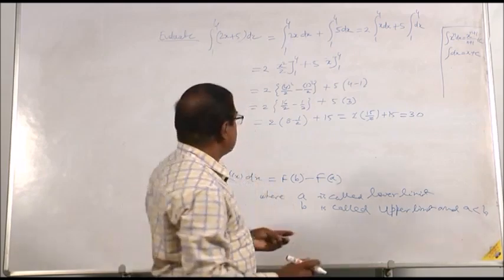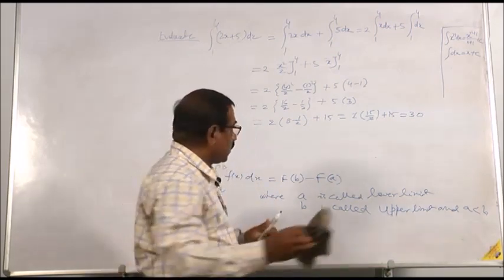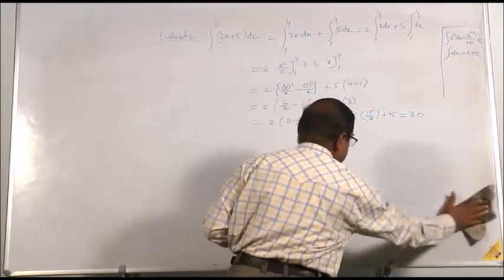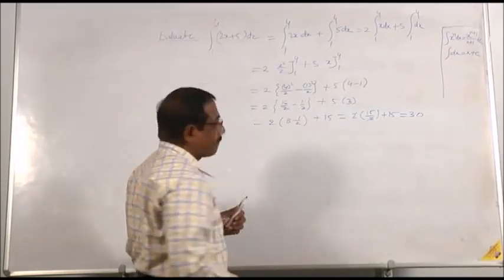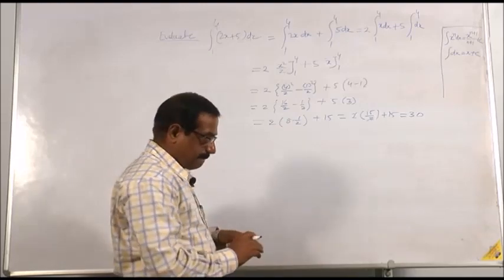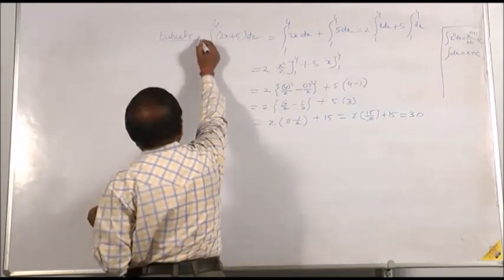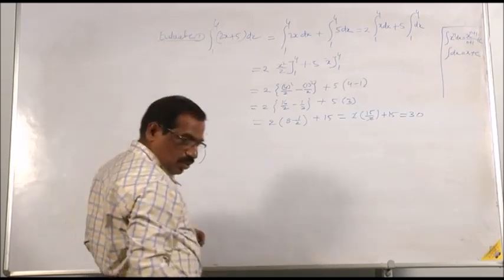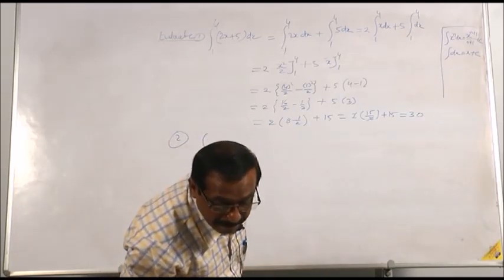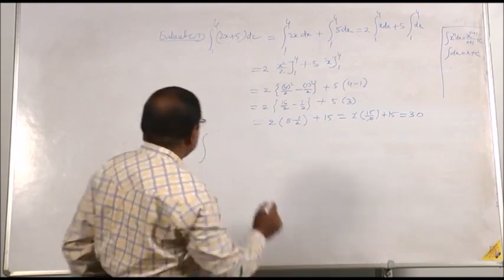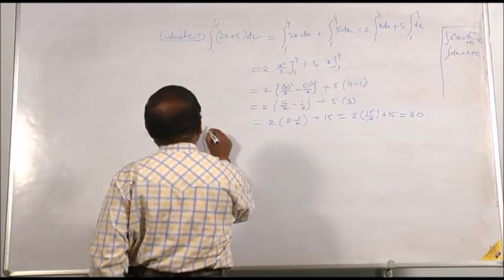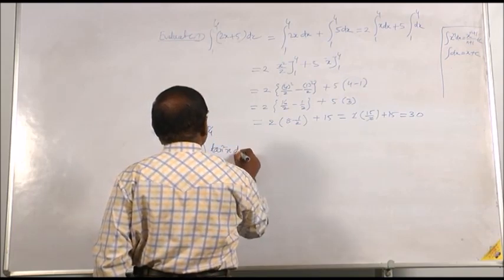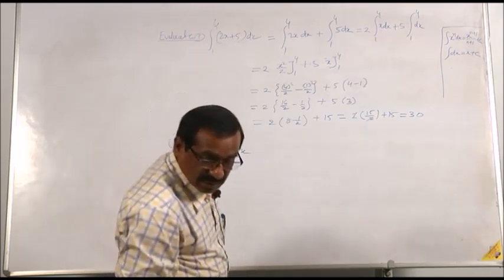Let us take another one, a trigonometric one. Second question: the integral from 0 to pi by 4 of tan² x dx.